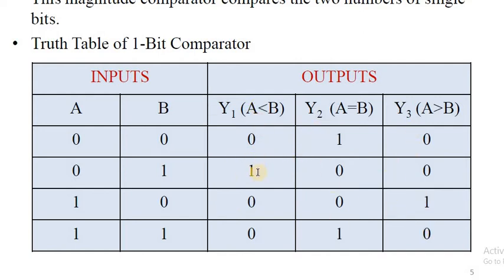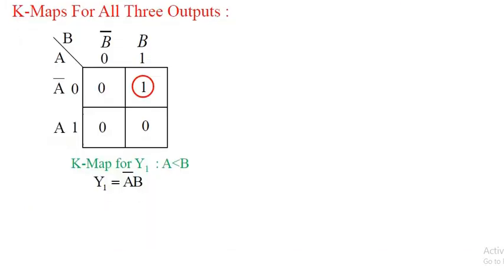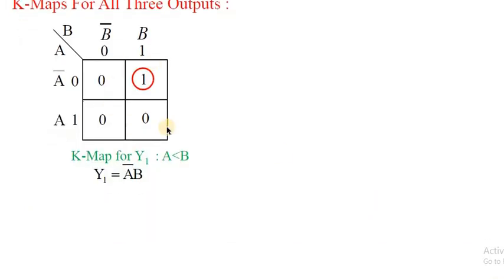Here in the y1, see here there is 1 for 0 1. Therefore here first of all consider the K-map pattern. This is the K-map pattern for y1. Then take here AB, 0 1, 0 1.